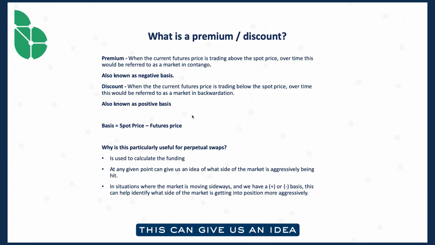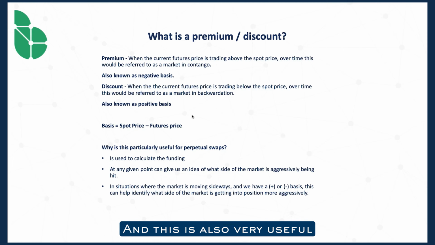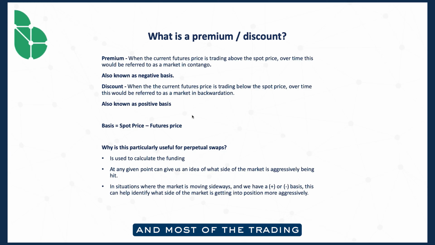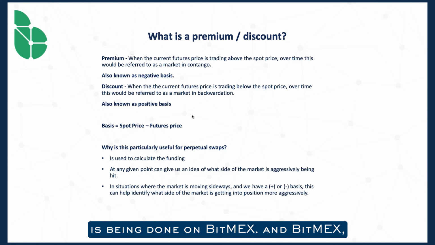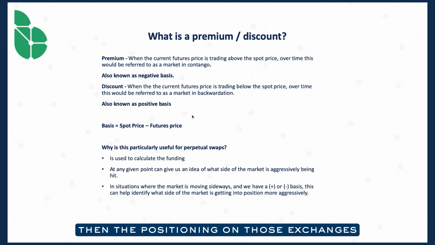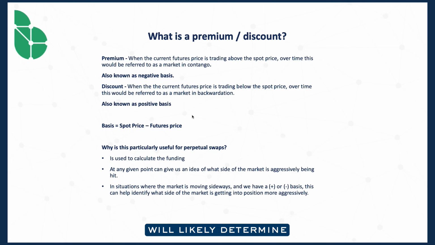At any given point, this can give us an idea of what side of the market is aggressively being hit. This is also very useful when we consider whether or not the market has any new participants in it. If, for example, we don't see a ton of new retail interest and most of the trading is being done on BitMEX, and BitMEX and the derivatives exchanges lead the market, then the positioning on those exchanges will likely determine the near-term direction for the entire market.